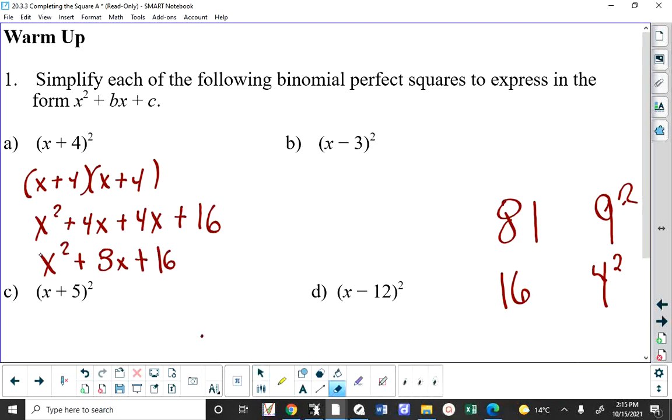So what I would like everybody to do is take a minute and do the same thing for the other 3.